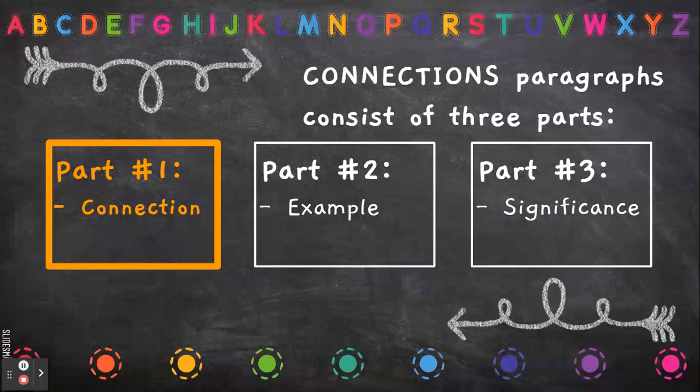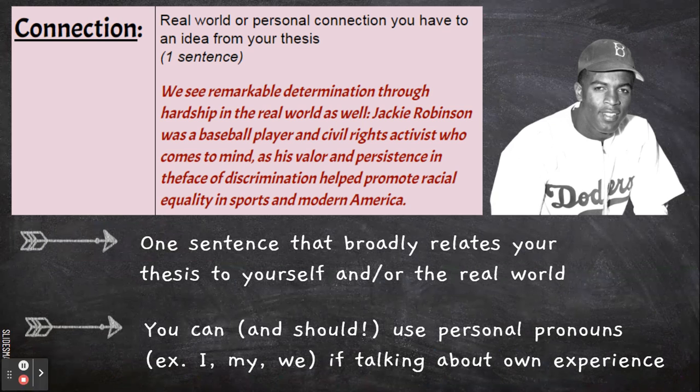So let's look at some of the parts of the connections paragraph, starting first with the connection itself. This is one sentence that broadly relates your thesis to yourself or to the real world. And if you're talking about yourself, you can and should use personal pronouns like I, my, we, if you're talking about your own personal experience.